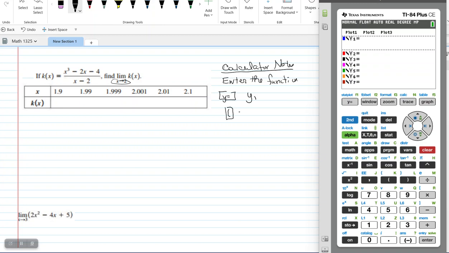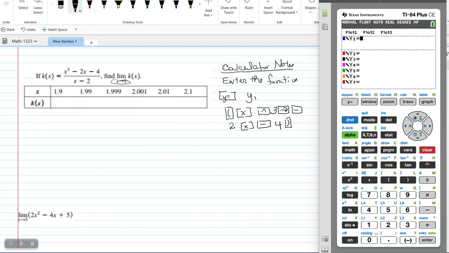So we're going to do the X key, the up caret, enter the 3, and then arrow to the right to bring it down from an exponent, minus 2, and then the X key, and we're going to do minus 4 and close parentheses.